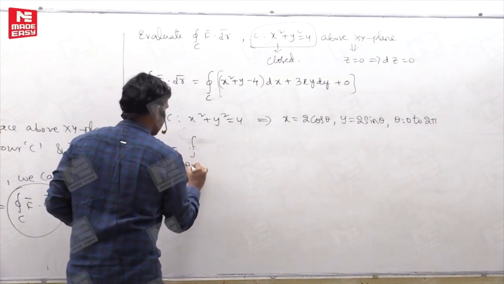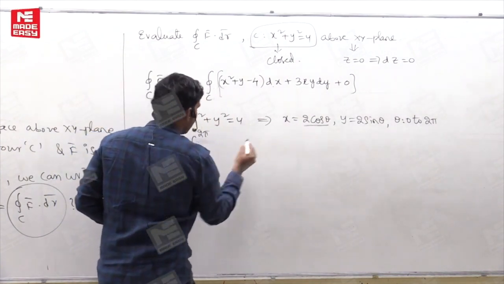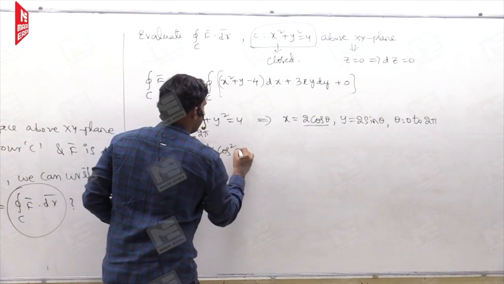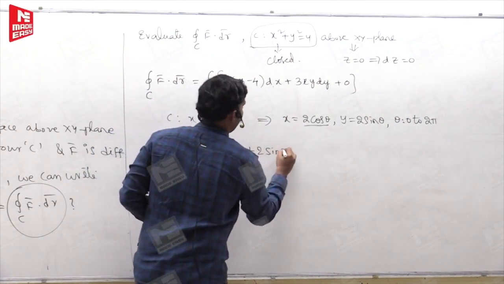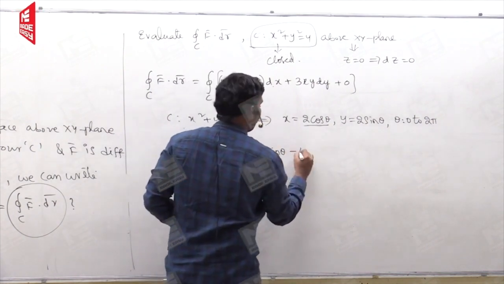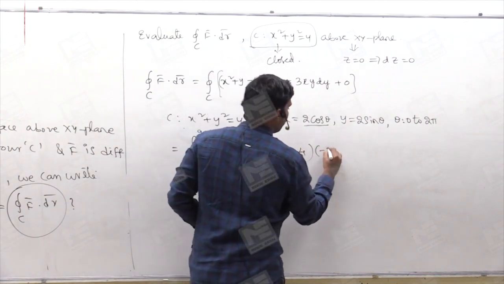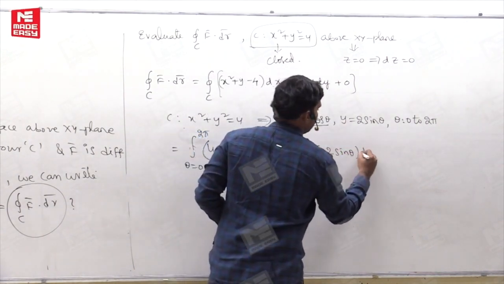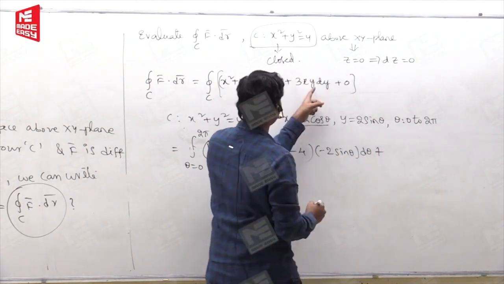Now substituting this, I'll write the integral from 0 to 2 pi of x square. What is x square? It is 4 cos square theta plus y, that is 2 sin theta, and then minus 4 into dx. Dx means minus 2 sine theta d theta. And then plus 3xy dy.